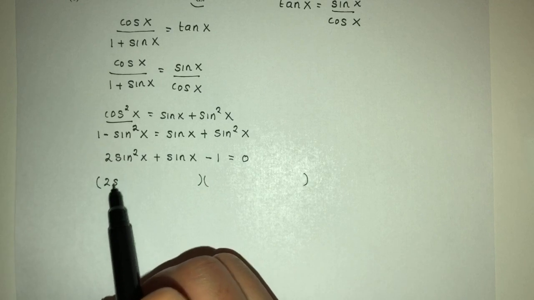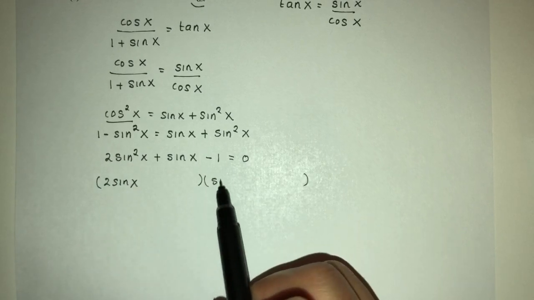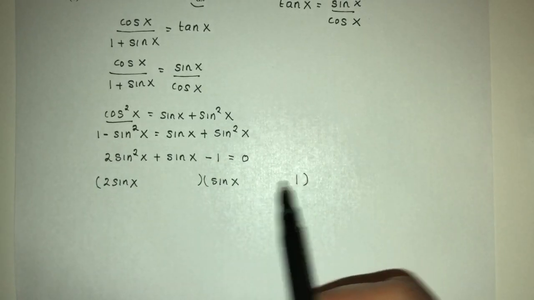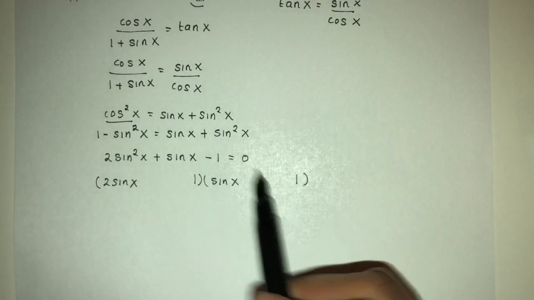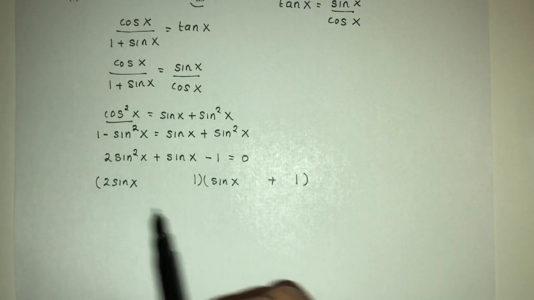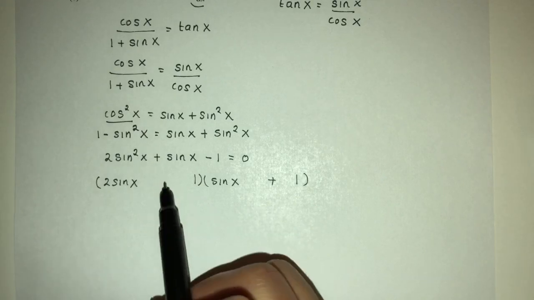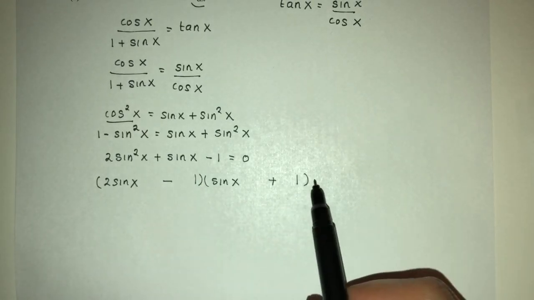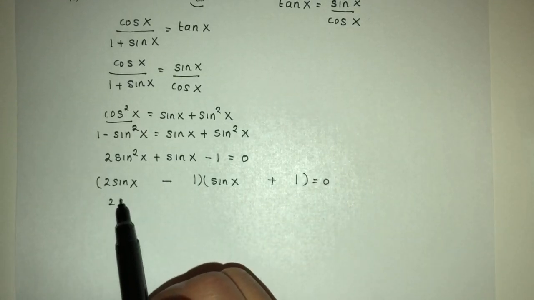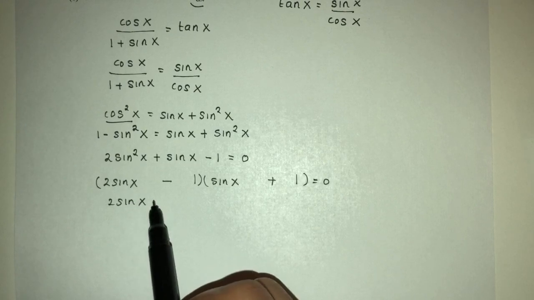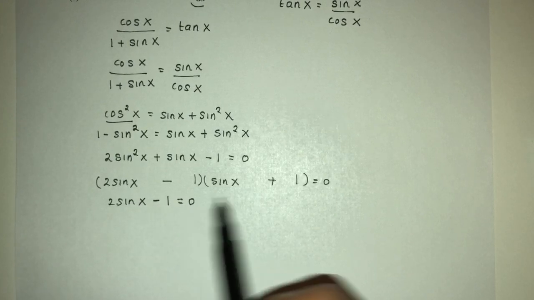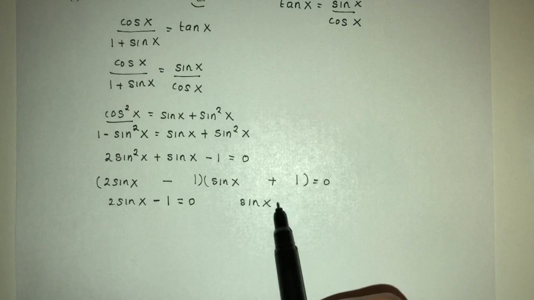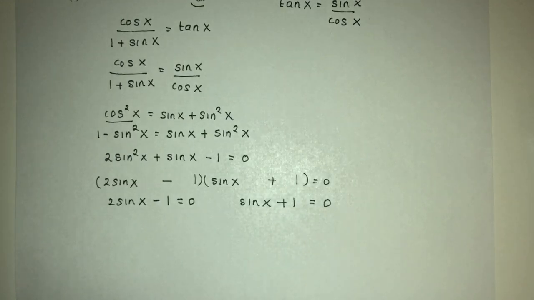That will be 2 sin x, 1 is 1 times 1. Now to get plus 1, we have to have plus 2, right? 2 times plus 1 is 2, and minus 1 to get plus 1. Now 2 sin x minus 1 is 0, or sin x plus 1 is 0.